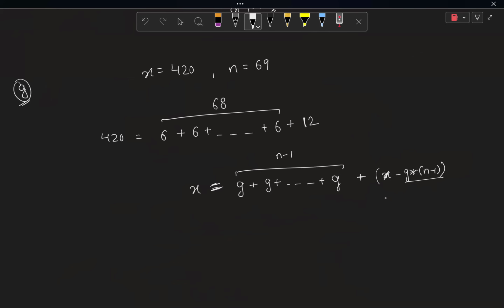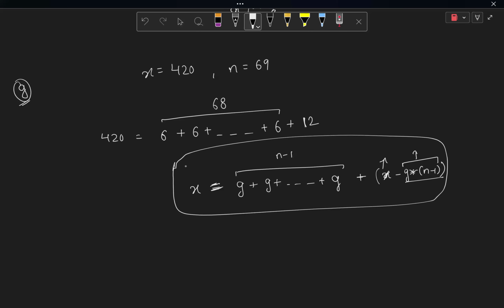Right? It should also be a multiple of g because this is a multiple of g and this thing is also a multiple of g. So the subtraction would also be a multiple of g. So if you like, we can have this kind of a pattern. Like we just figured out a pattern here.